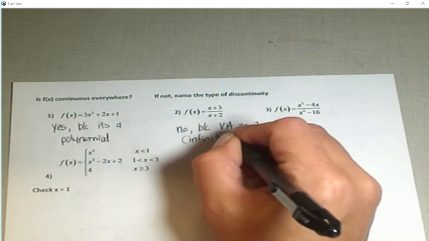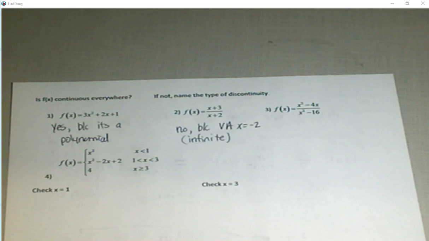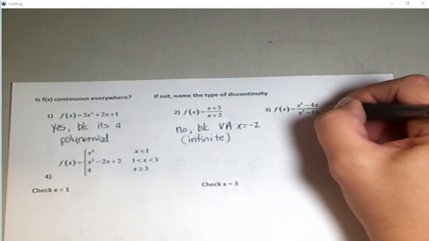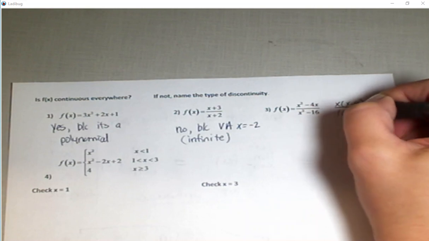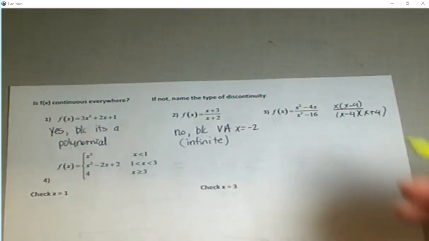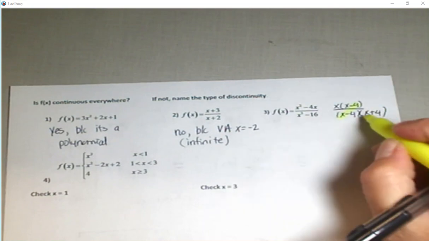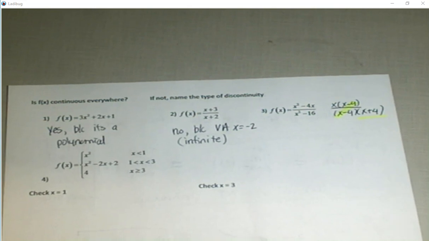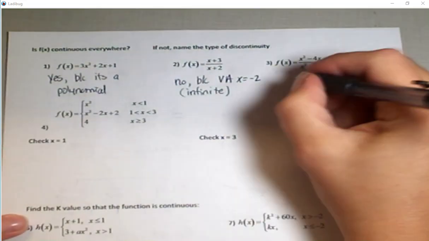So we would call this infinite discontinuity. Now, this one might take me a little bit of work, but I see there is a hole and a vertical asymptote. So there are two reasons this is not continuous.